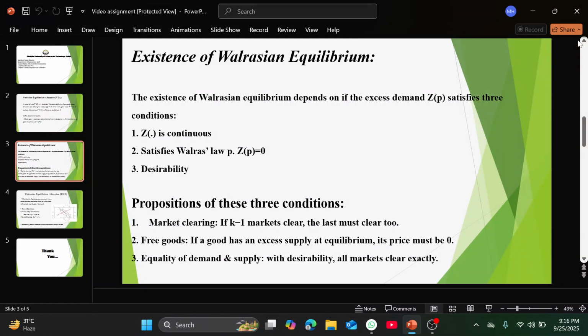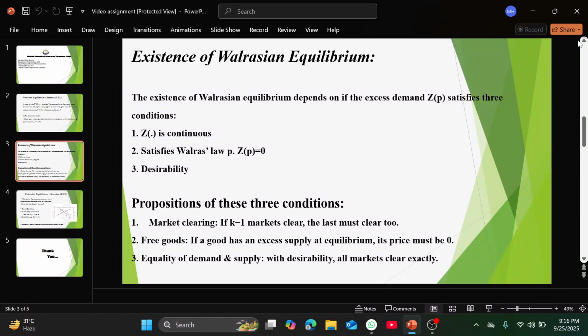On the existence of Walrasian equilibrium, since the aggregate excess demand function is homogeneous of degree 0, we can normalize prices and express demands in terms of relative prices.